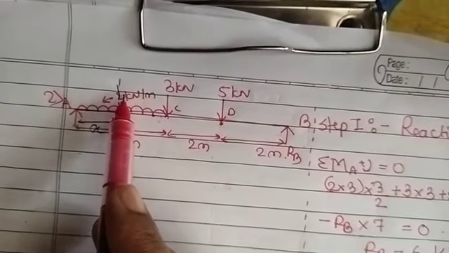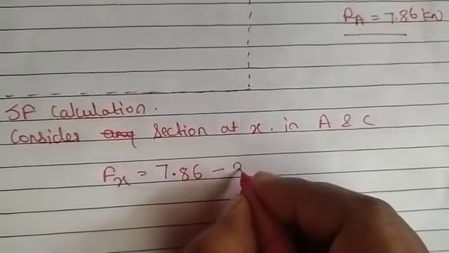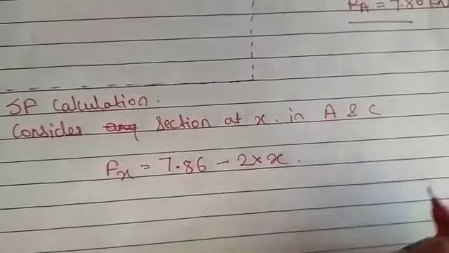So intensity will be 2 into the span, that is x, and that will act downward, so negative 2 into x. So this is the expression for the section in between A and C.